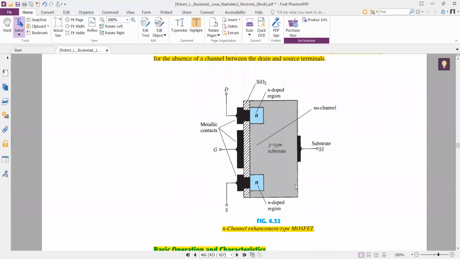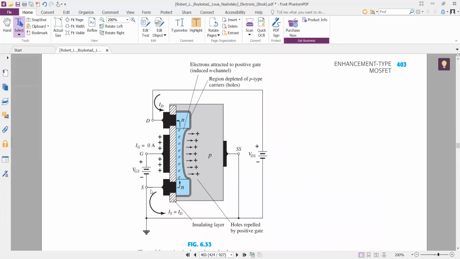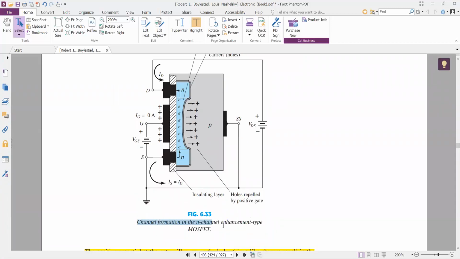Now we are going to study the basic equation and its characteristics. For this, let's focus on this diagram, how the channel is formed in the enhancement type MOSFET, because the channel is not already present. So let's see how this channel is formed.